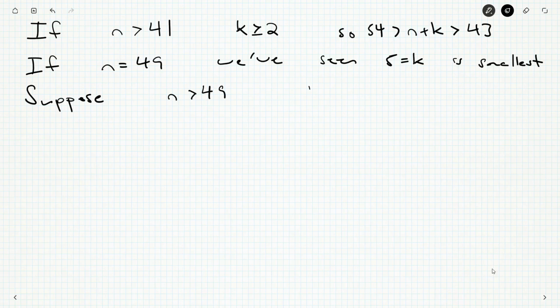Then n plus k has got to be greater than 49 as well. Actually, it's got to be greater than 51. So k is less than 5. So k could be 2, 3, or 4.